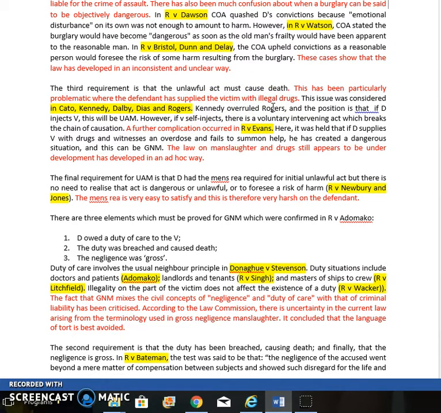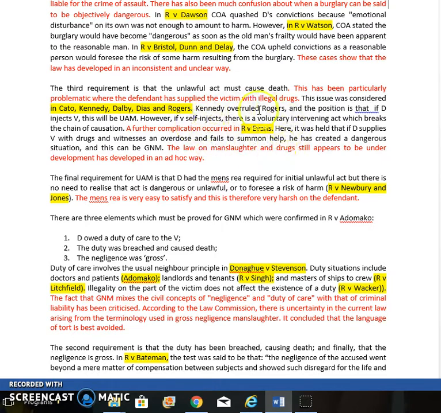So again, whenever you've got a court overruling another decision, that's illustrating that the law is not clear-cut, mistakes have been made. So the position now is that if the defendant injects the victim, this is unlawful act manslaughter, but if the victim self-injects, that'll break the chain of causation, so it wouldn't be unlawful act manslaughter.